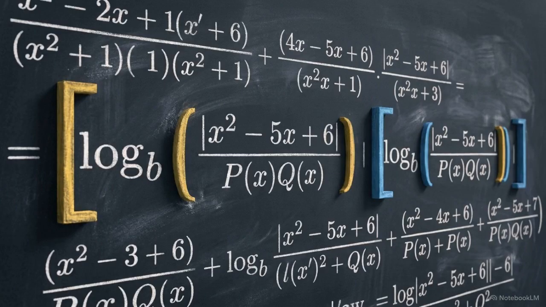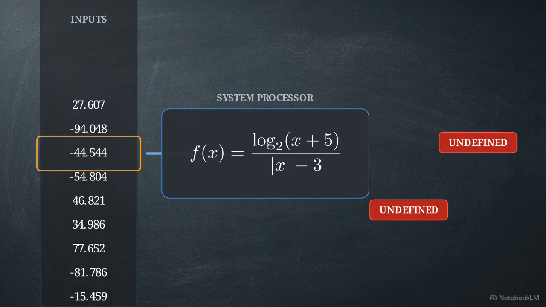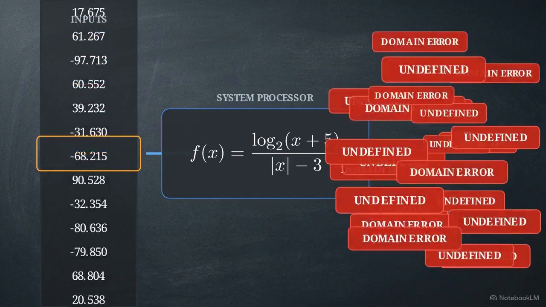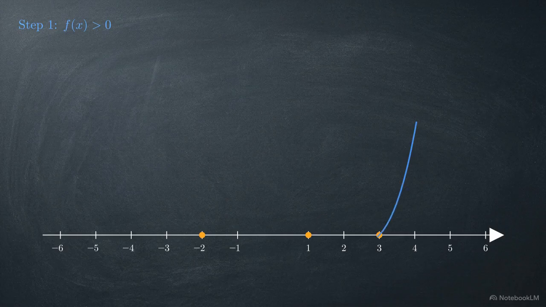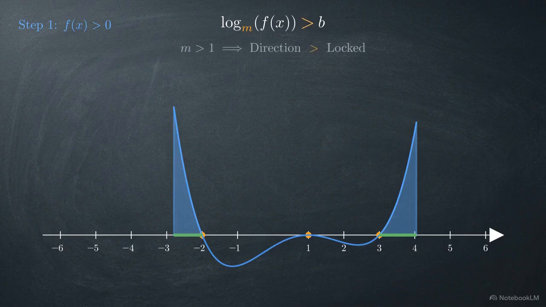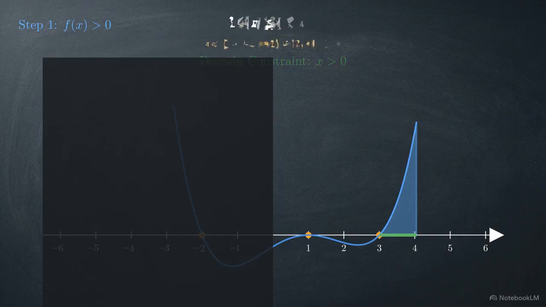Look at the architecture of this theoretical equation: a modulus inside a fractional logarithm, bounded by rational polynomial factors. Standard algebraic brute force fails here because the domain would be riddled with logical contradictions. By layering our toolkit, we first define the baseline continuity by extracting critical points and tracing the wavy curve. Next, we analyze the logarithmic base operator, locking in the direction of the inequality.